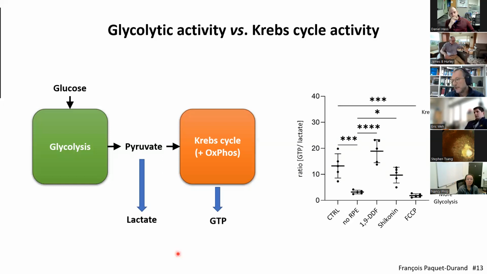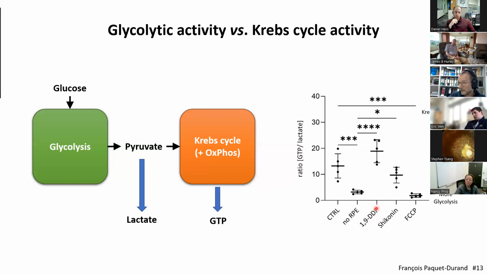So what we can now do is plot the ratio of GTP over lactate in the different conditions and look at what that shows us. In the control condition, we have a certain ratio of GTP over lactate, which we can take as normal. If we culture the retina without RPE, this ratio goes down. So there's less GTP, more lactate, indicating that more glycolysis was performed.